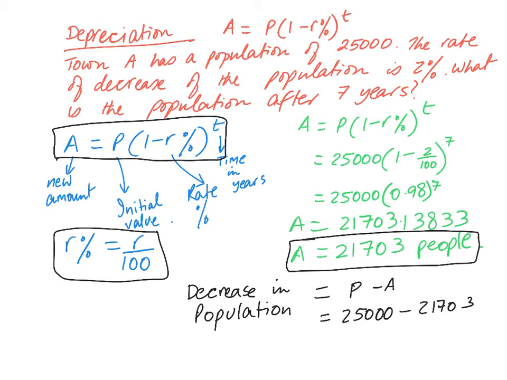And the reason why we took the whole number is because of people. But if it were dollar amounts, we would take the hundredth digit to determine the dollar amount. So you've got to use logic when you're solving questions. So this is when we have a decrease.